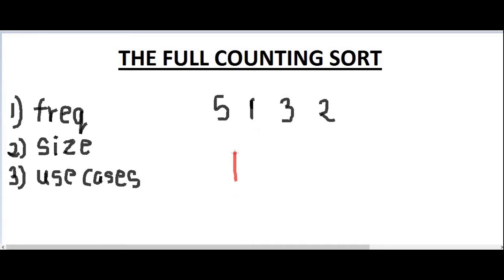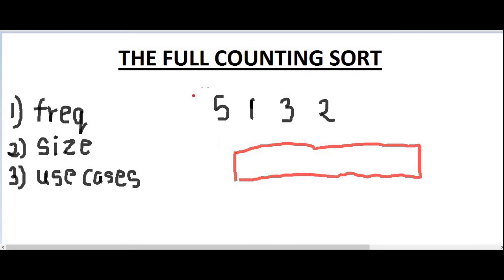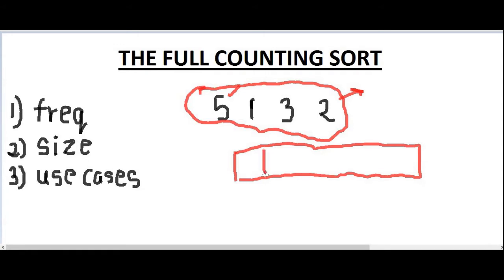We will first traverse this array and find the maximum number present in it. We get that it is 5, so we would create an array of size 5, indexed 0, 1, 2, 3 and 4.